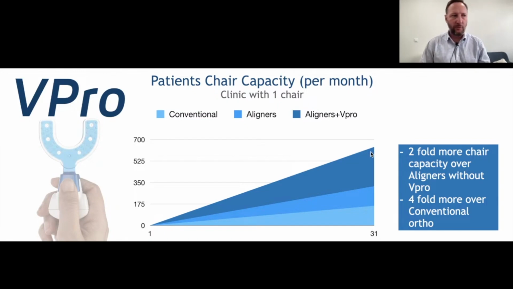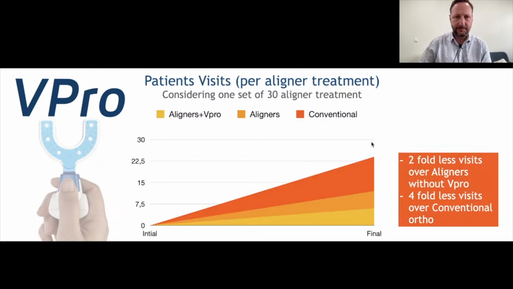It means I don't always have my clinic full, but the time that I'm not with a patient in the chair, I can use for other things: to study more, to go to the park with my kids, to train my team. So my capacity was much bigger and I was seeing fewer patients.